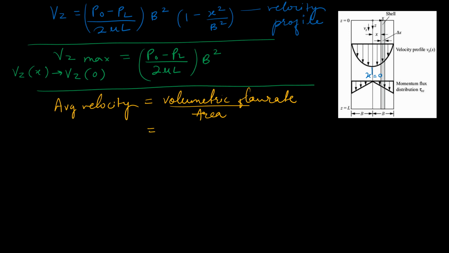So volumetric flow rate is integration of 0 to W, integration of minus b to b, Vz dx dy, upon the area, integral of dx into dy.